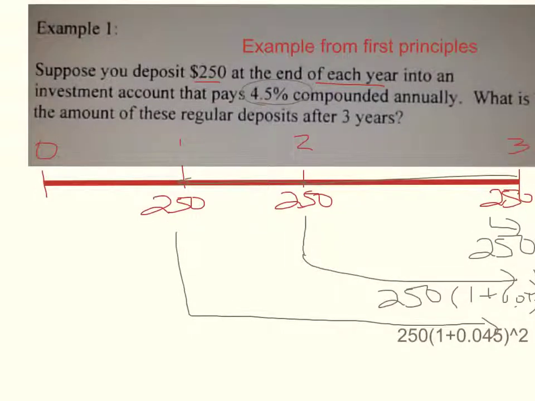So altogether I have the $250 that I just made, the $250 with 1 year of interest and the $250 with 2 years of interest because of my regular deposits for 3 years.